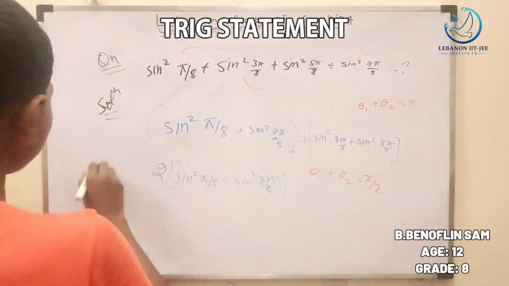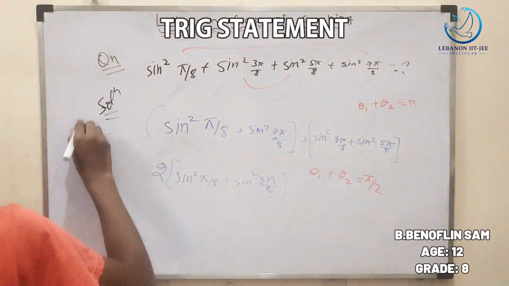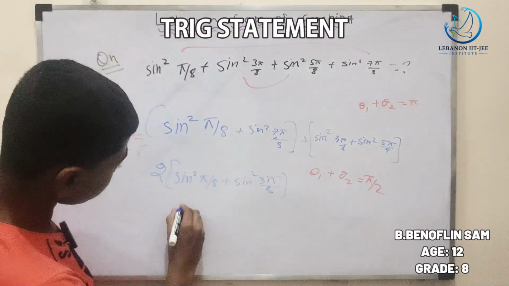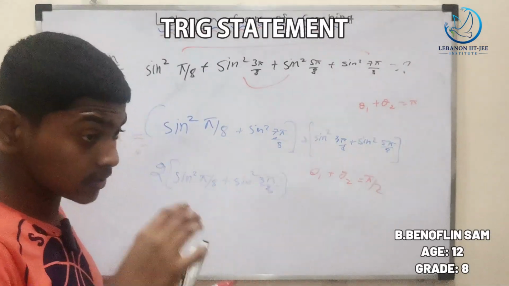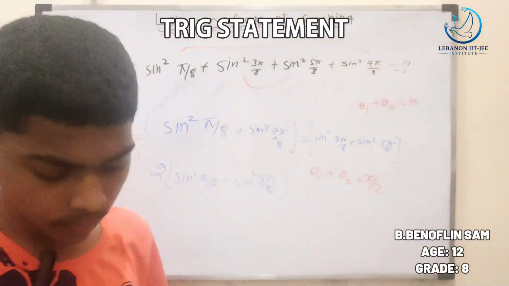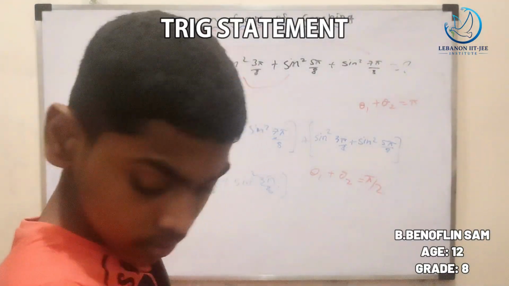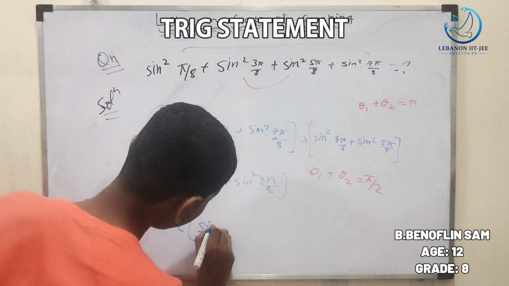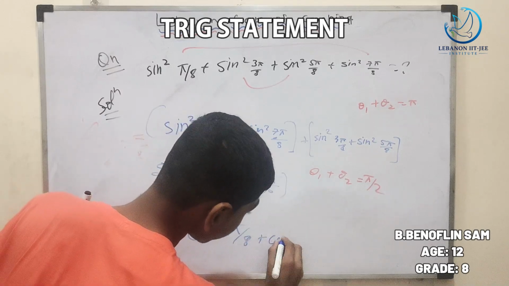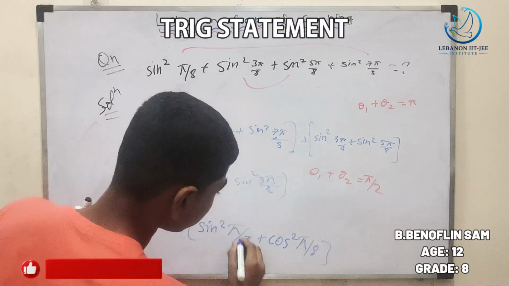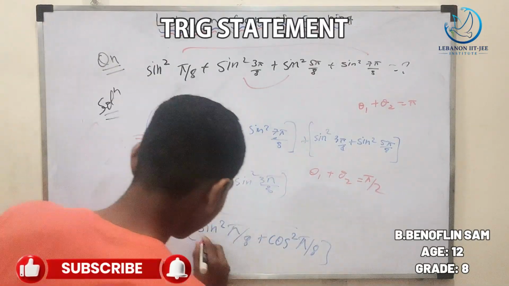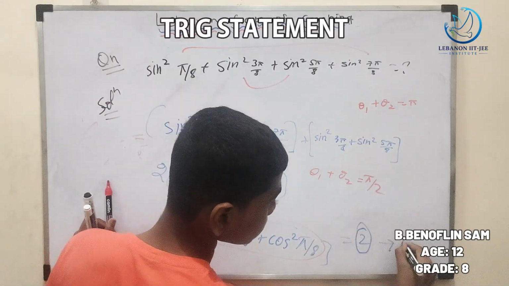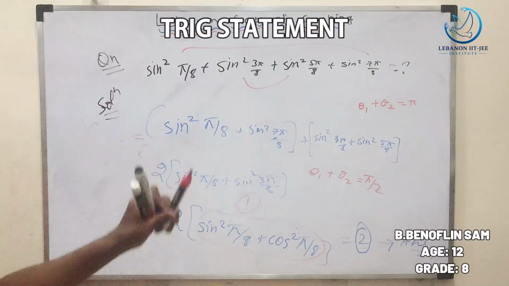If we add these we get 4 pi by 8, which is pi by 2. So sin theta 1 is equal to cos theta 2, and we get 2 times sin square pi by 8 plus cos square pi by 8. This whole thing is 1, so the correct answer is 2. This is how you have to solve this question.